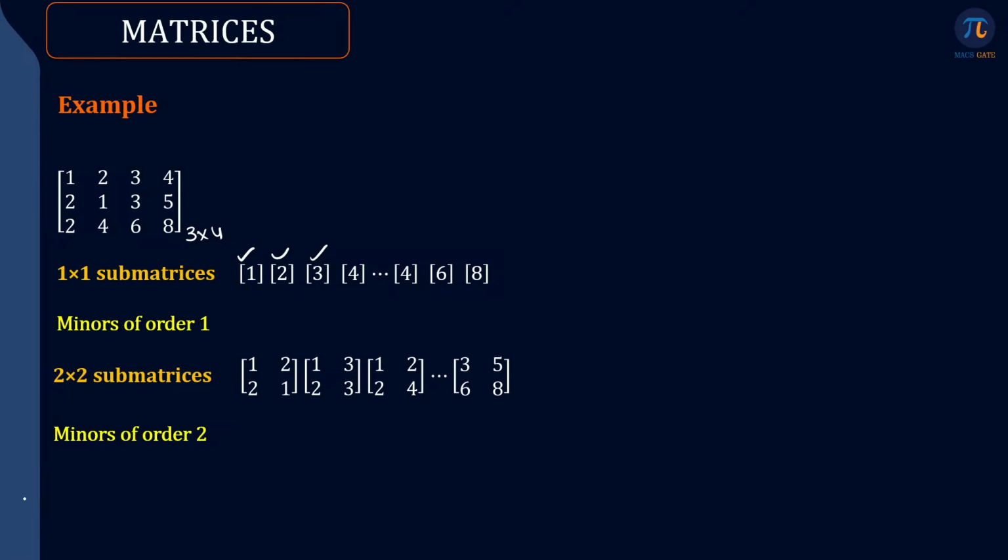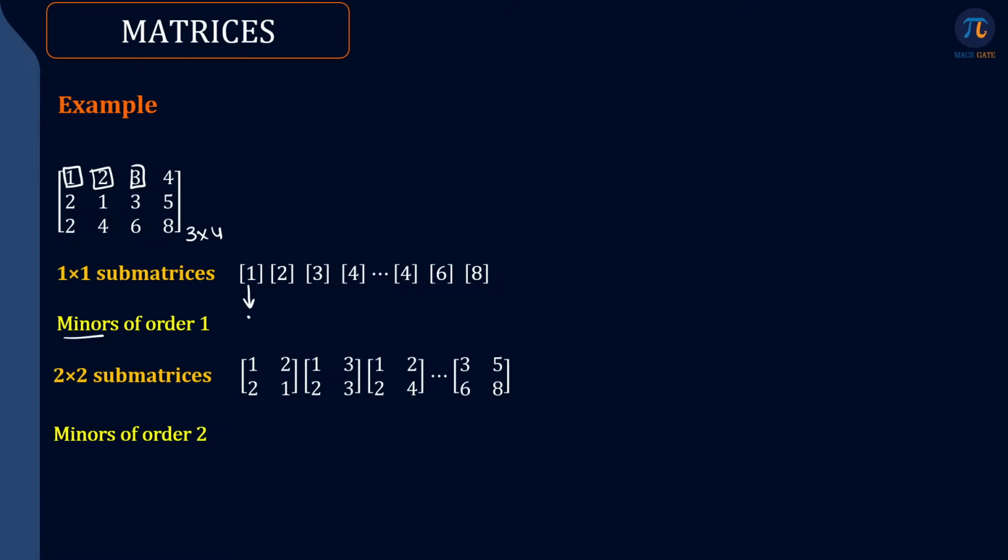Actually, each element of the matrix is a one by one submatrix. Here one by one means square submatrix, and when it is a square submatrix, I can find the determinant. What is the determinant of it? That is a minor. They are all square submatrices of order 1, we can find determinants, and they are called minors.